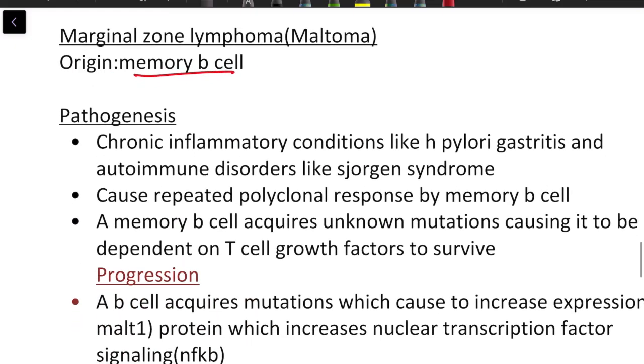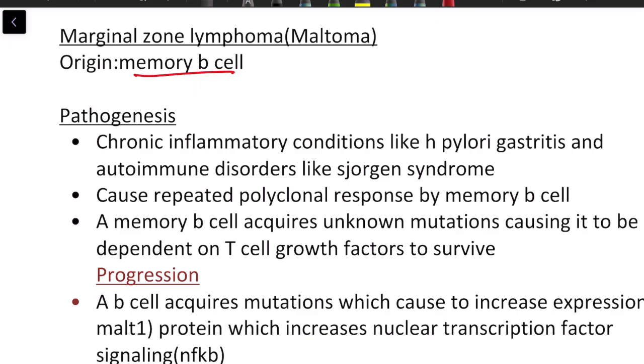So what is the pathogenesis? What happens is chronic inflammatory conditions, like H. pylori gastritis or the autoimmune disorders, which are also chronic inflammatory conditions. In these conditions there is increased activation of memory B cells. For every specific epitope of the antigen, a specific memory B cell is formed, which produces the perfect antibody.